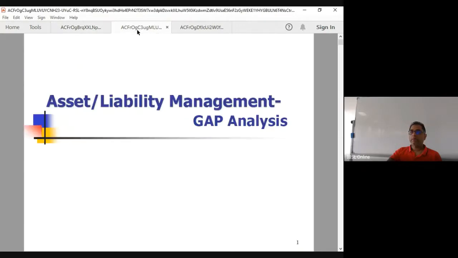Then the week after, we went more deeply into certain parts of ALM itself, where we looked at what we call the gap analysis.